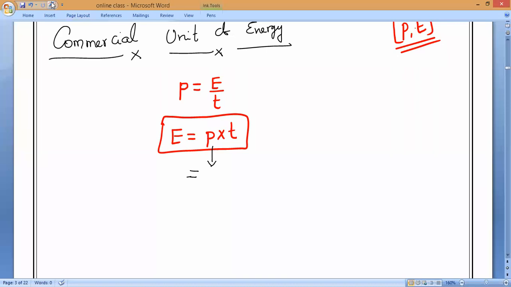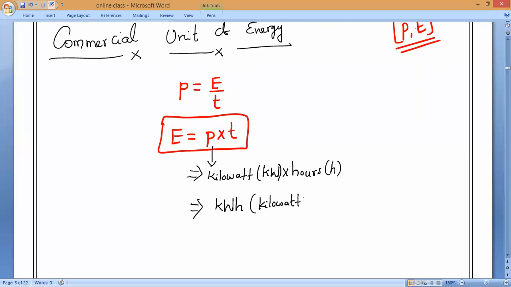Hours will be represented only with the H. So what is the unit? The commercial unit of energy, you might understand by this time. What is that, Harish? Kilowatt hours. Clear, all of you?